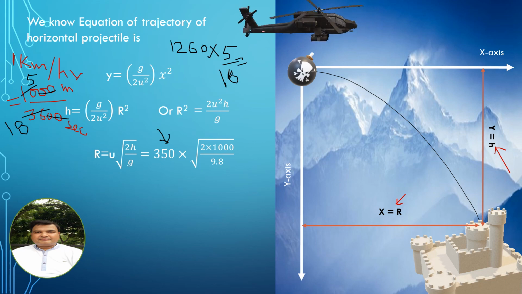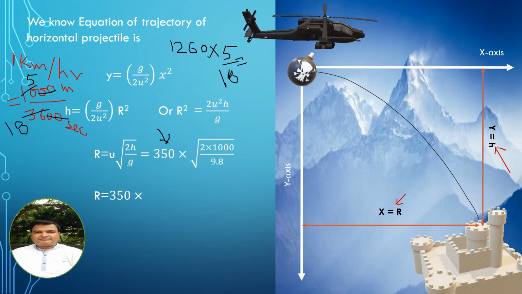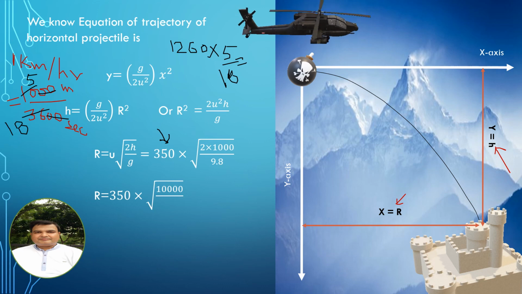Okay, fine. H is given in the problem in meter, the 1000, and g is 9.8. Now we can solve further. 350 multiplied by square root of 2 times 1000 divided by 9.8. From 2 we can cancel out the 9.8. How?